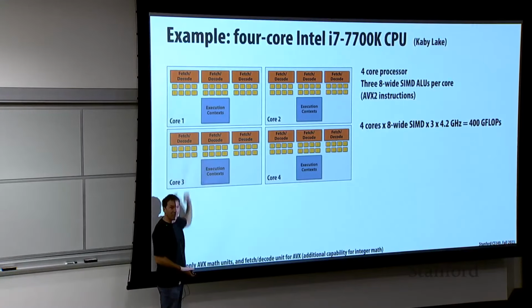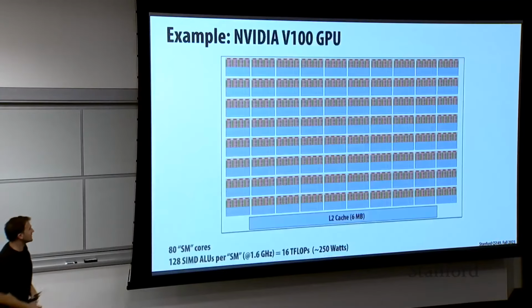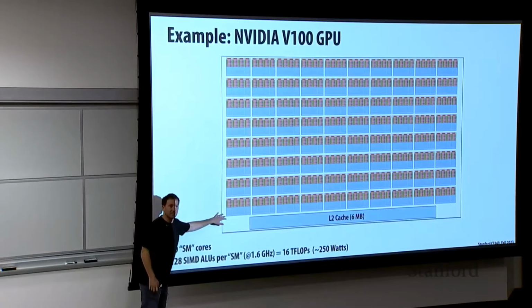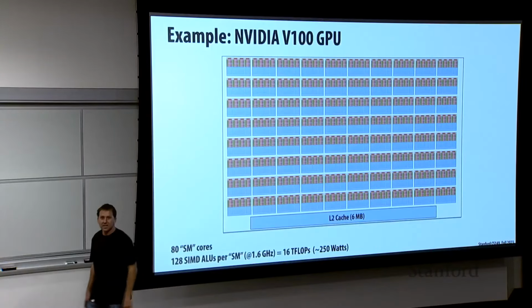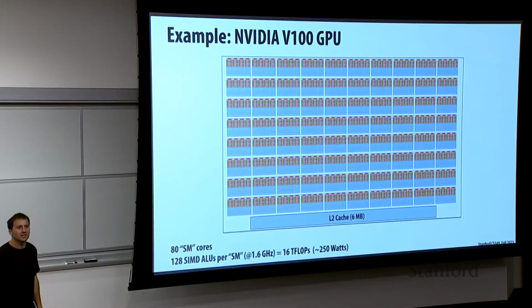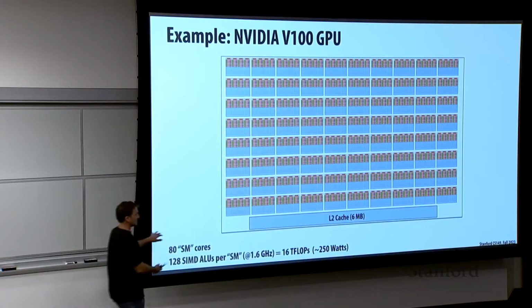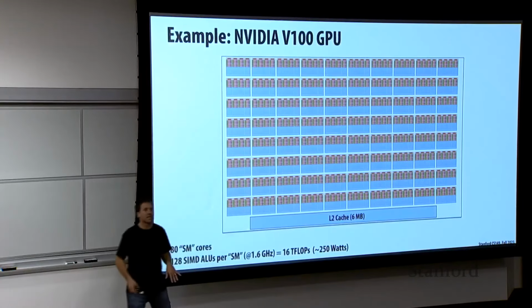Those instructions might all be vector instructions. An NVIDIA GPU has about 80 of these cores. Each one of those cores has about 128 ALUs that are actually organized in 32-wide SIMD instructions. All the same ideas, just different scales. Some of these scales cause Keynote to crash because you can't draw the diagram.